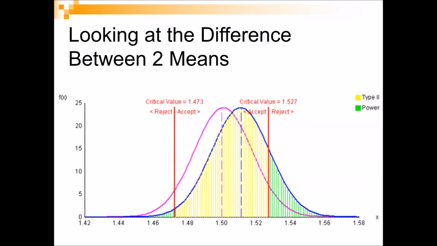Maybe rich people don't even care about living close to healthy food in the first place because they don't care about driving or whatever. They can Uber it or Uber Eats it home because they can afford to. So all we do when we run a two-tailed t-test is run these distribution curves, and if these things are far enough away from each other, we can say, yeah, they're statistically different.